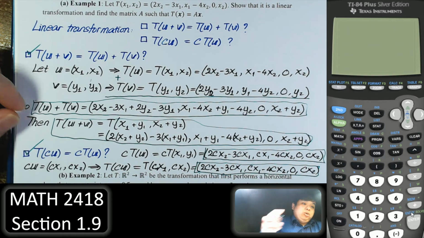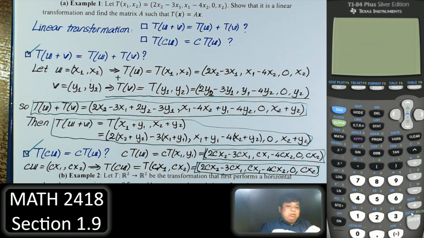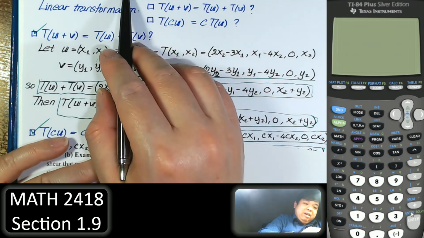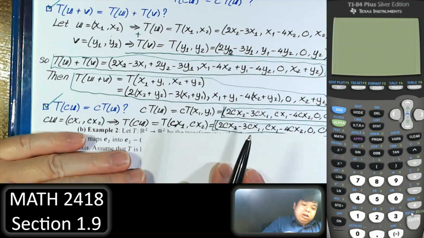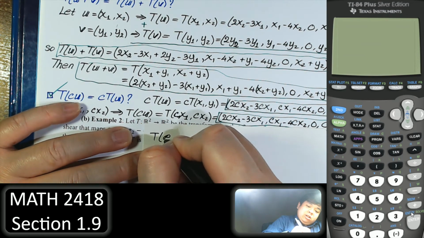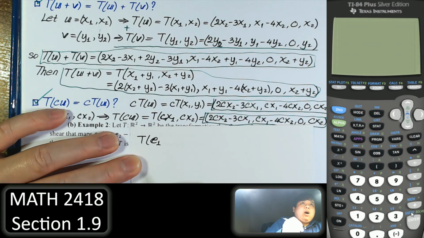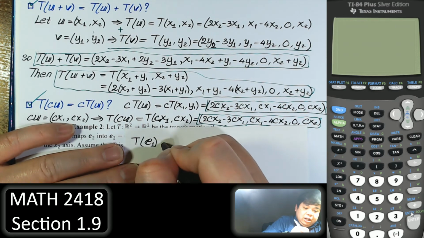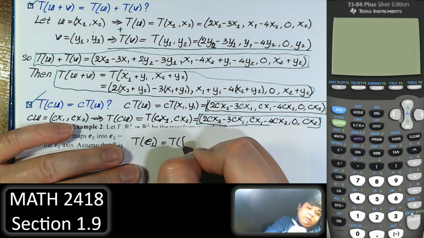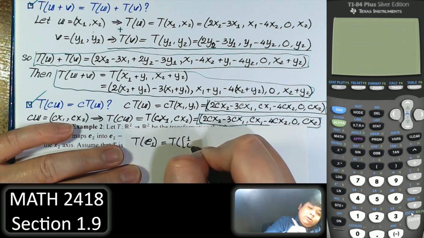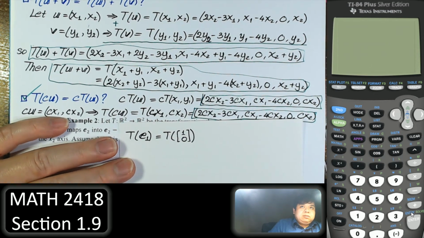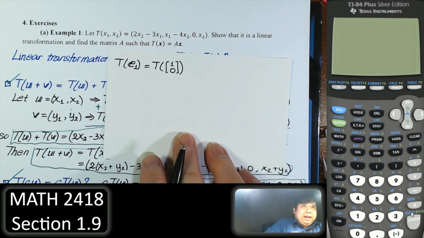Right, so we only did the first part of it. Sorry. To find the matrix actually is very simple. Because we have x1, x2, so only 2 components. So all we need to do is find T of E1, the transformation of E1, which is the transformation of 1 and 0. Now we find the matrix.